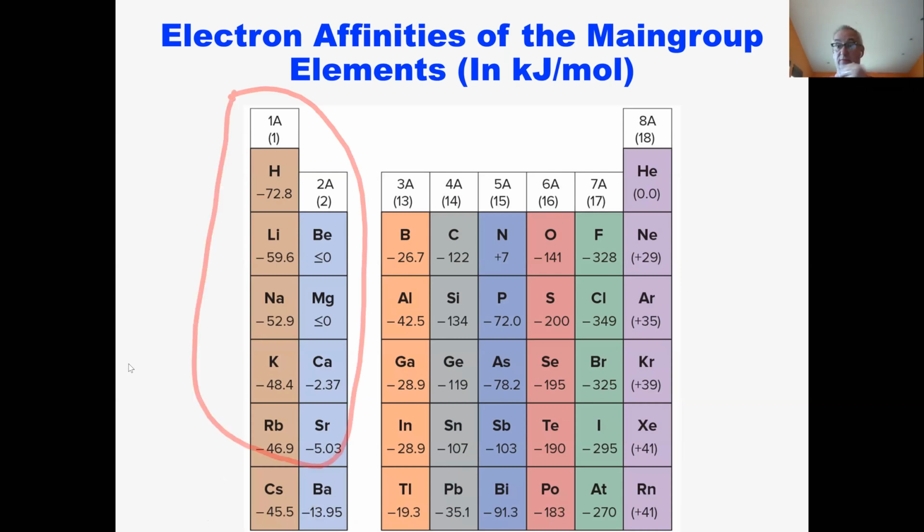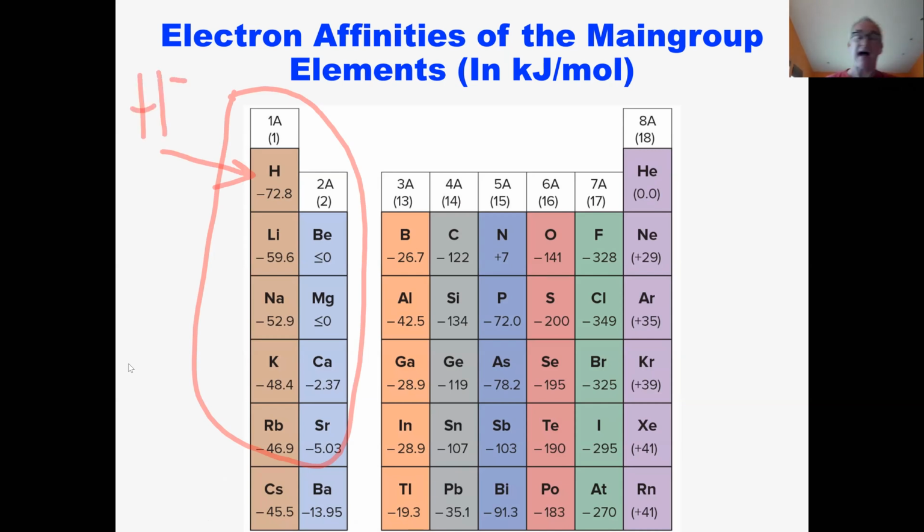First two groups are really, really reactive as far as the metals go. Now, it doesn't mean that they won't take an electron, that they'll never become negative ions. It's possible, and we see it actually. We see it with hydrogen fairly regularly.